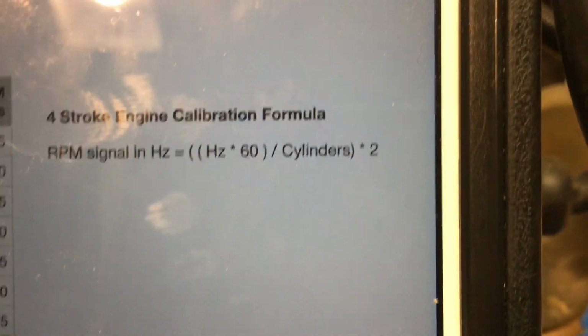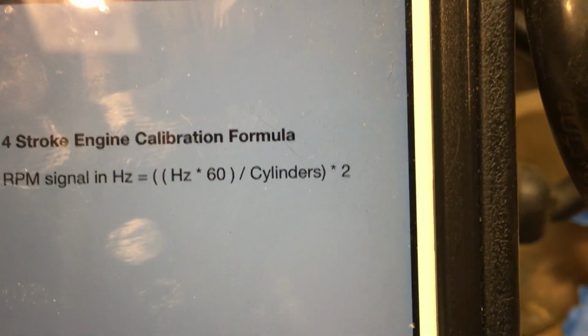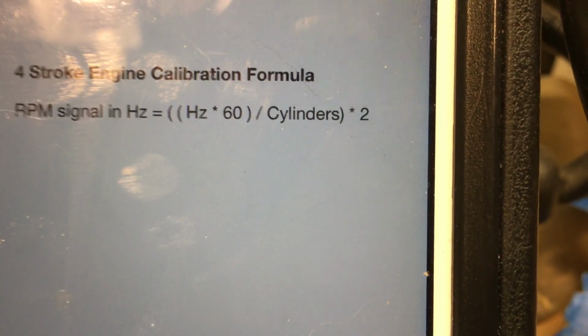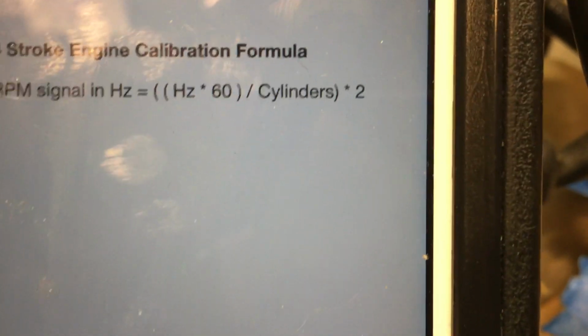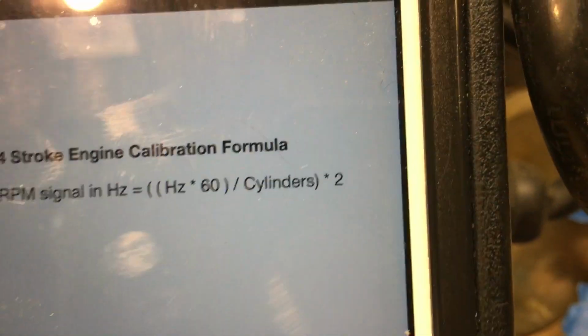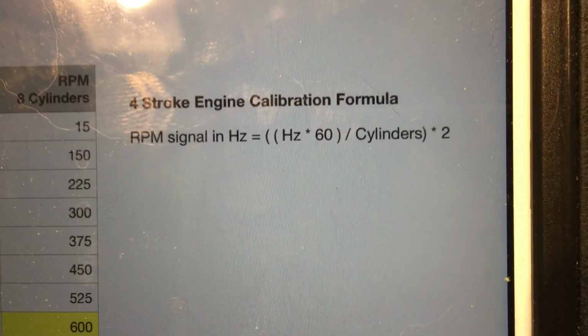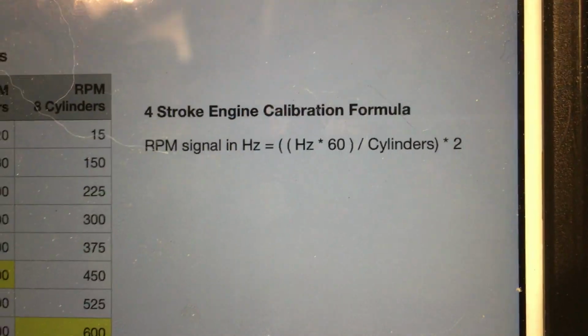Because the distributor will give a signal for every single cylinder, you have to divide this number by the number of cylinders and then multiply it by 2, because a 4-stroke engine travels twice for every ignition revolution.